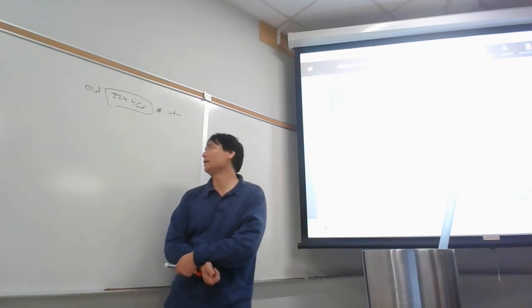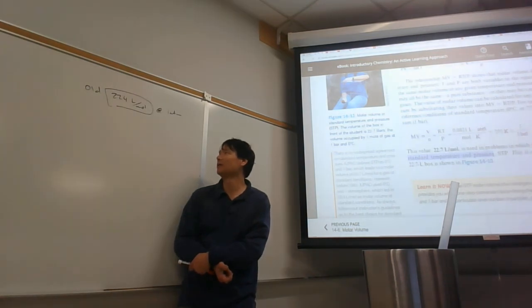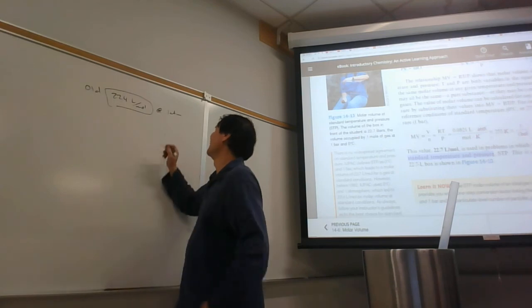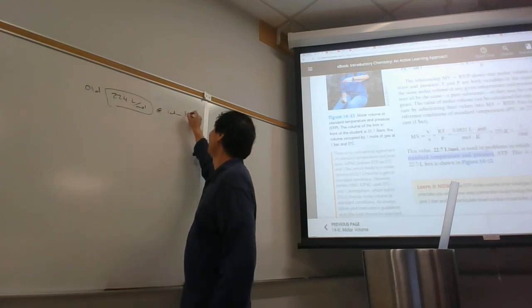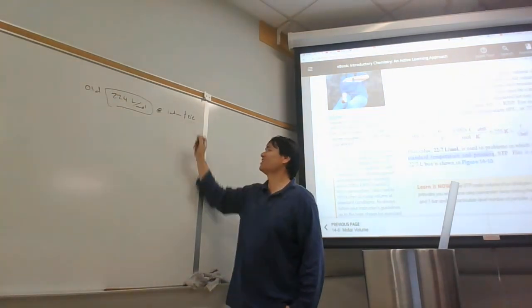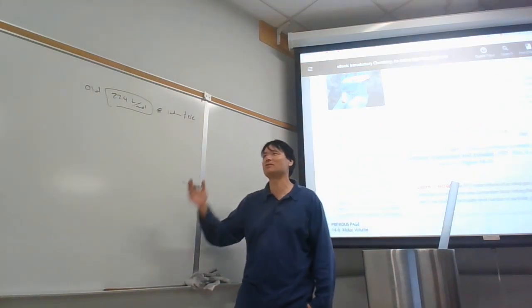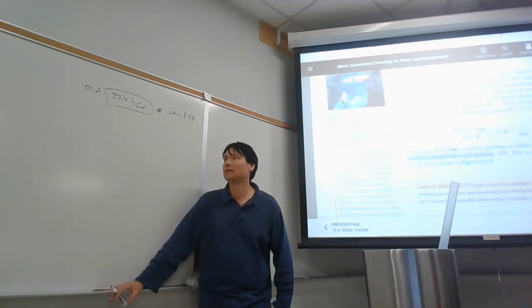But in chemistry lab, I never used it. Do you know why? At 1 atmosphere and 0 degrees C, our lab's thermostat was not set at 0 degrees C. In fact, if it were set at 0 degrees C, all the water would freeze.